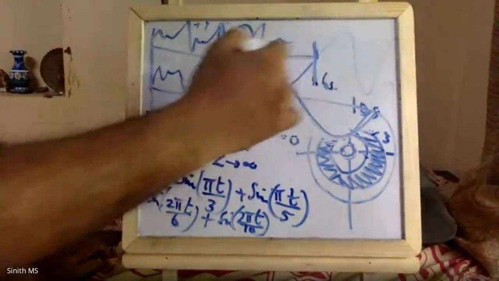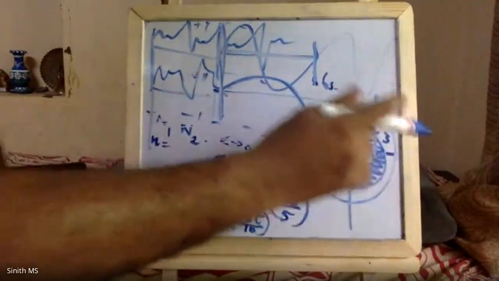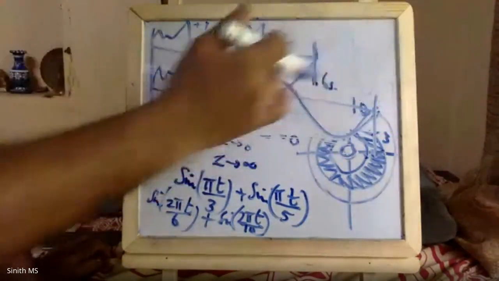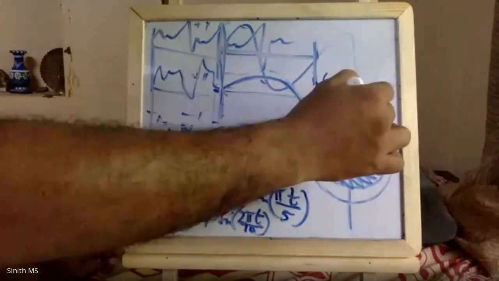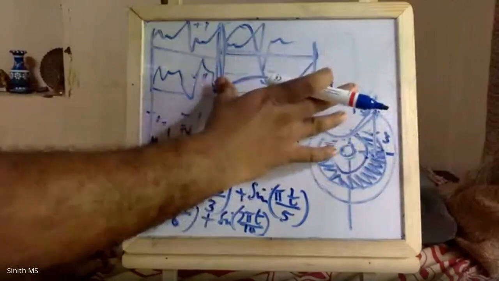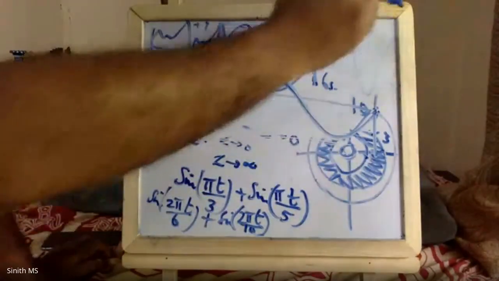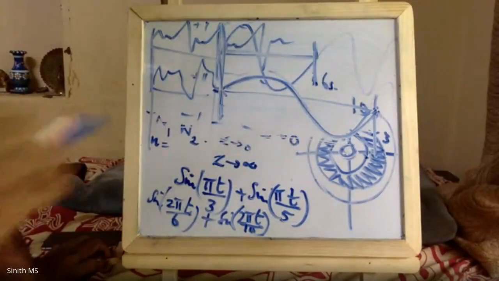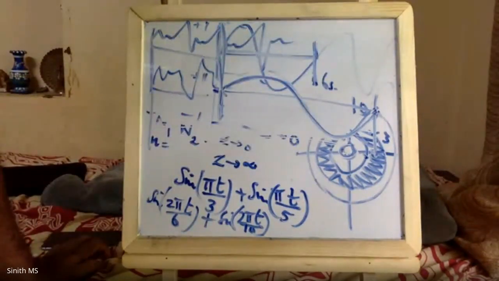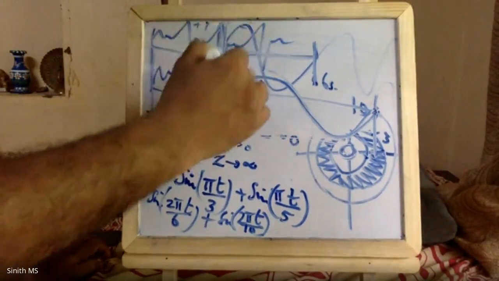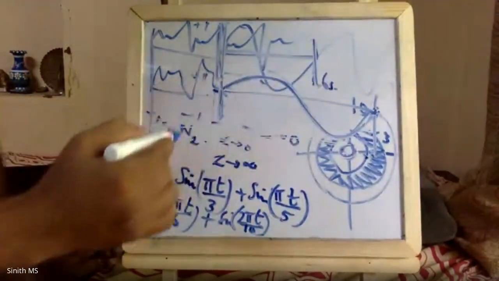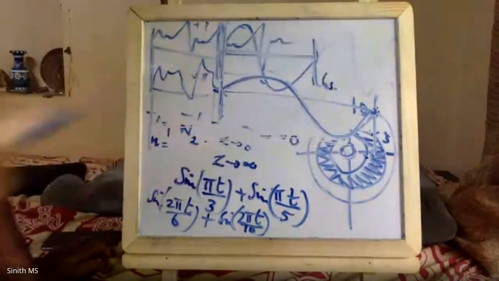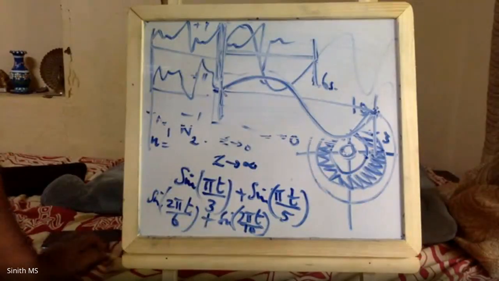A finite number of cycles of this wave and a finite number of cycles of that wave will coincide at some point. After how many cycles of this wave will it coincide with the endpoint of the other? That means the endpoints of these two coincide at how many seconds? What time will they coincide? Can you tell?